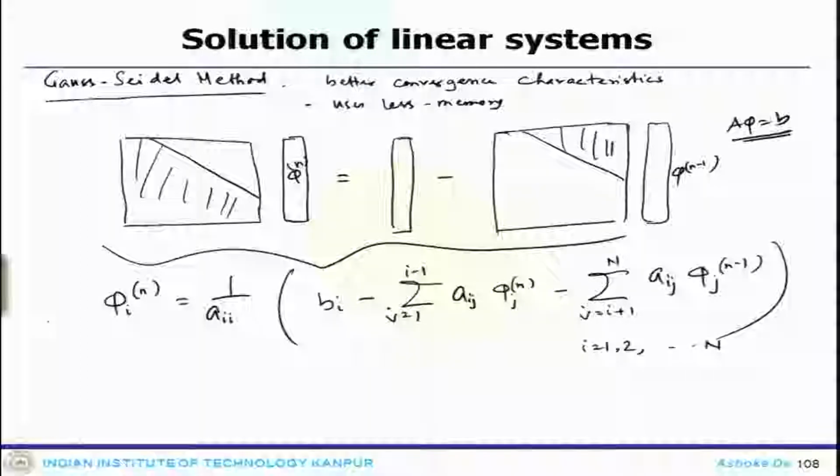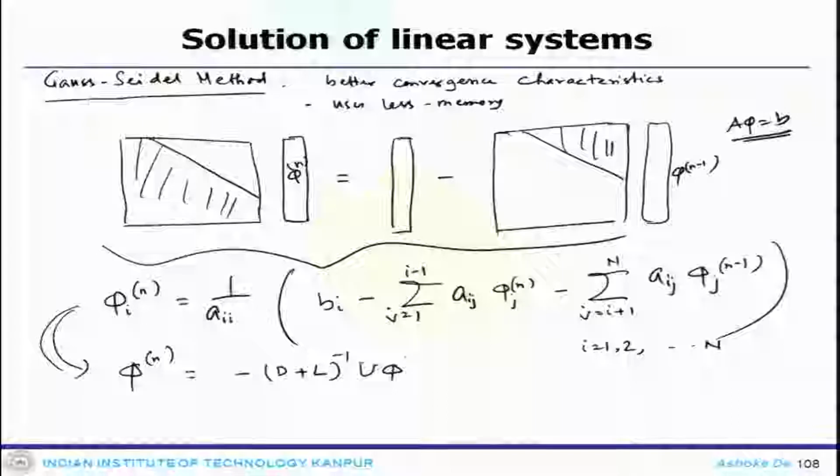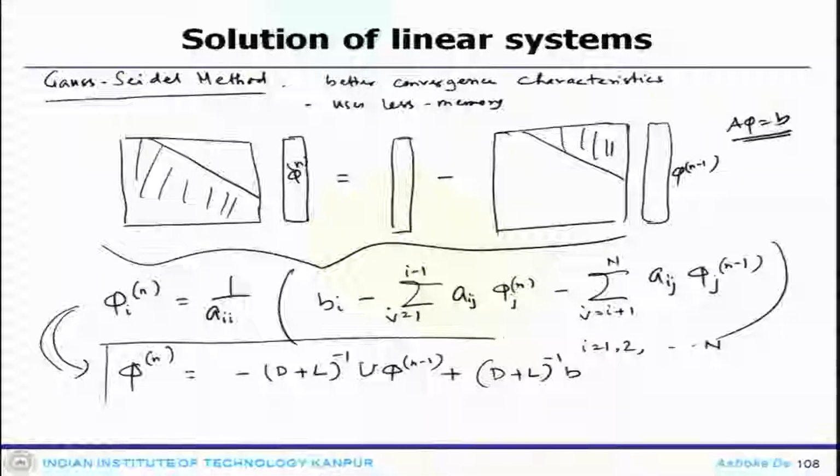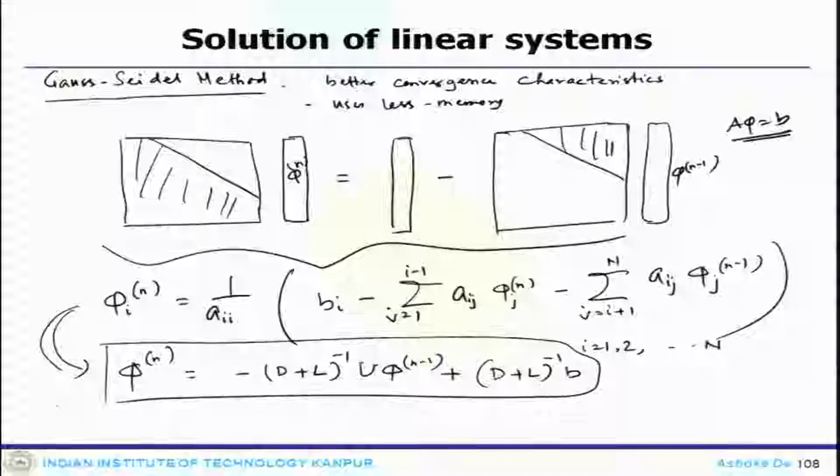Now, this expression is in indicial notation. If you convert it to matrix form, one can write this as phi n equals minus (D plus L) inverse multiplied with upper triangular U phi n minus 1 plus (D plus L) inverse into b. So, this is what one can write.